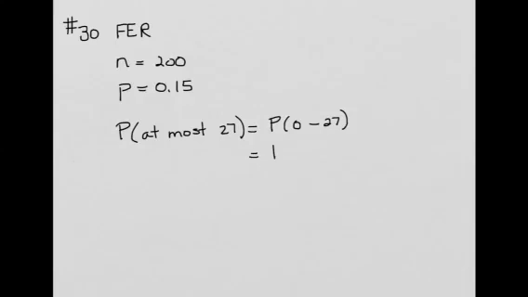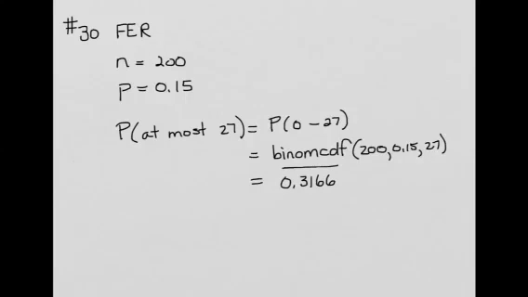So I can just go ahead and do binom CDF 200, 0.15, and 27. And when I pop that into the calculator, I get 0.3166, rounded to 4 decimal places.